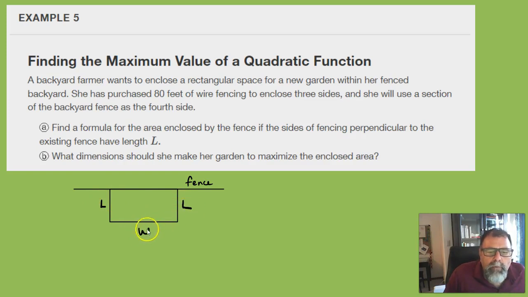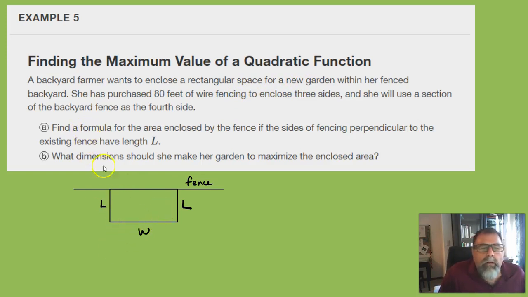And then we'll call this width. They said find a formula for the area enclosed by a fence if the sides of the fencing are perpendicular to the existing fence. So this is the existing fence. And then I'm going to put up wire on 3 sides to make a pen. What am I making? A rectangular space for a new garden that I'm going to fence in. Keep my dogs out of there.